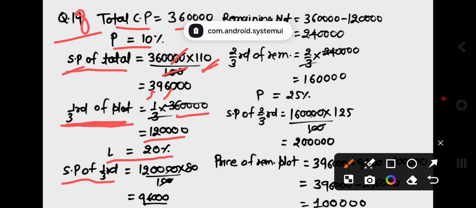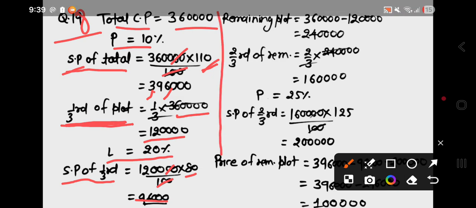So 100 minus 20 will be 80, so it will be 80 upon 100. If we cancel it, 00 will be cancelled. So 12 8 is 96 and 30. So it will come 96,000.